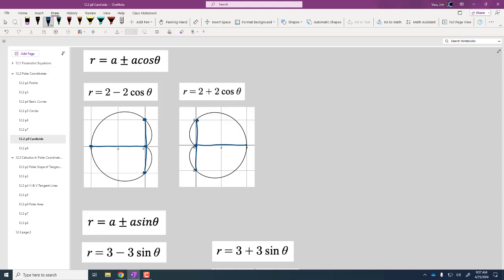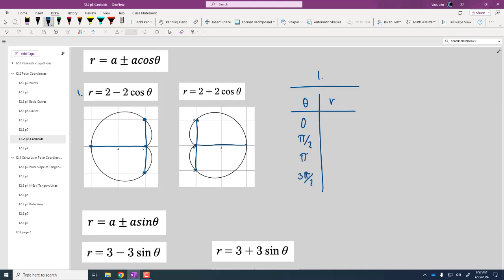Here's what we do. Let's look at the first one. All we do is rotate theta from 0 to 2 pi. For the first one, we let theta equal the quadrantal angles from 0 to 2 pi: 0, pi over 2, pi, 3 pi over 2, and 2 pi would be back to 0.